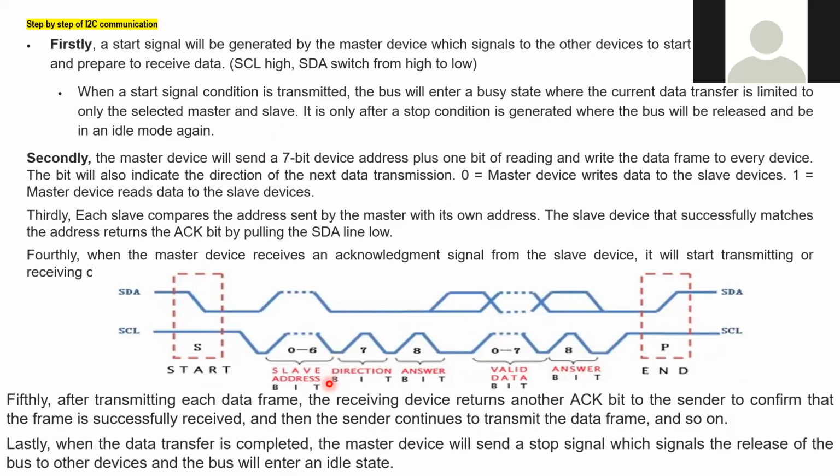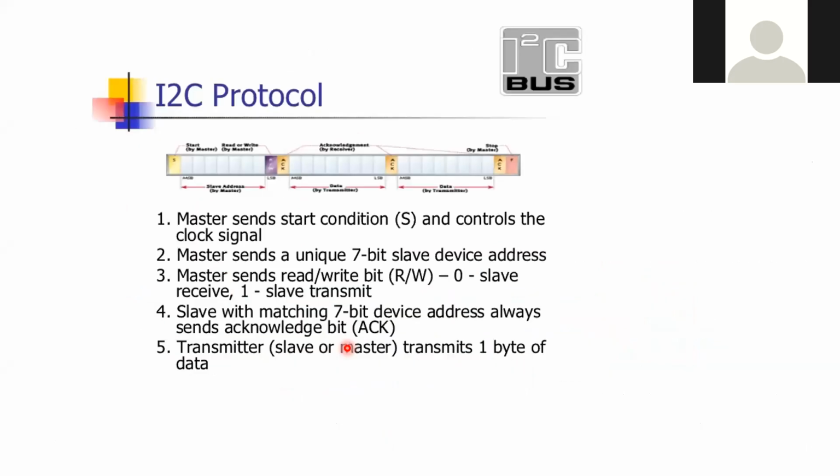This is how the communication happens. I told you multiple slave addresses with single data, or a single slave address with multiple data, are possible. In between I can put a start and stop, and any combination of address and data, to communicate with my slave devices.